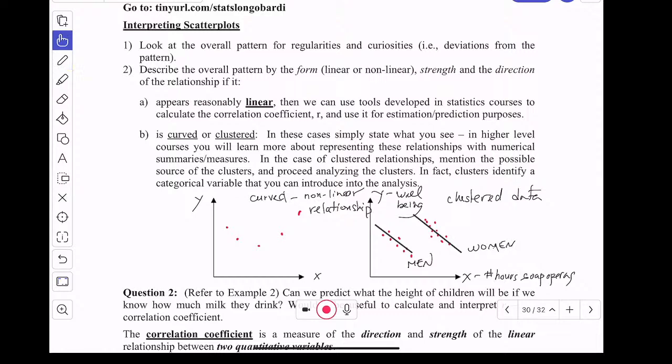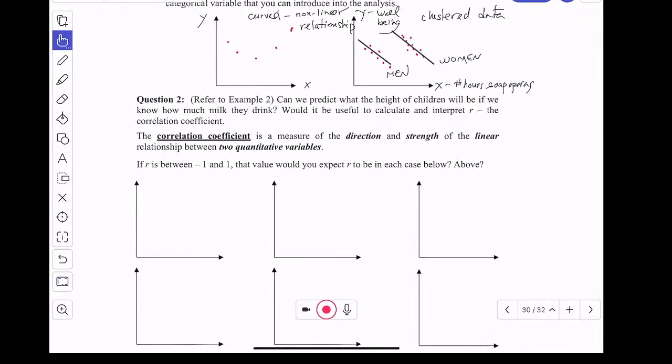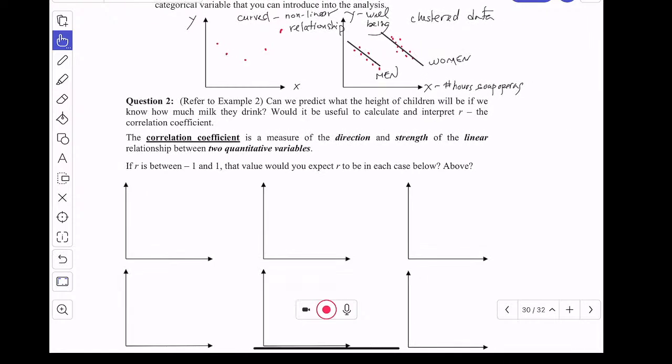All right, so then that brings us to the second broader question. The second question is, can we predict what height of children will be if we know how much milk they drink?